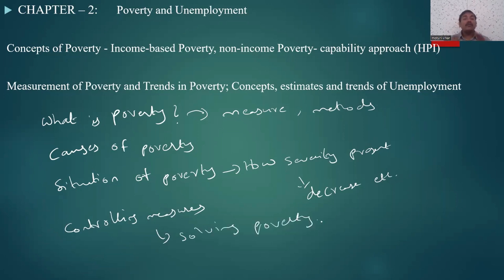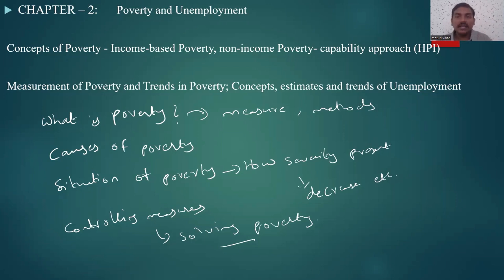Controlled means we are not allowing people to go below the poverty line. We stop that. Now, how to convert these poor people to above the poverty line? That is solving poverty. How to solve poverty? What solutions are provided? What are the world's best solutions? What solutions do we utilize in India, etc.